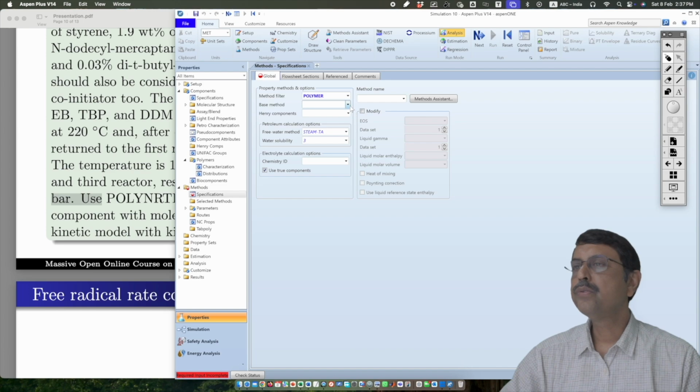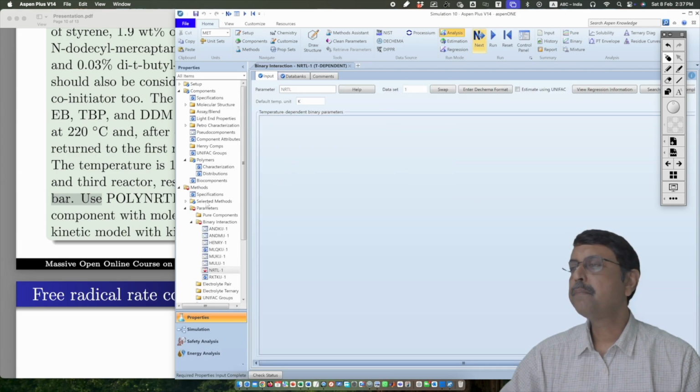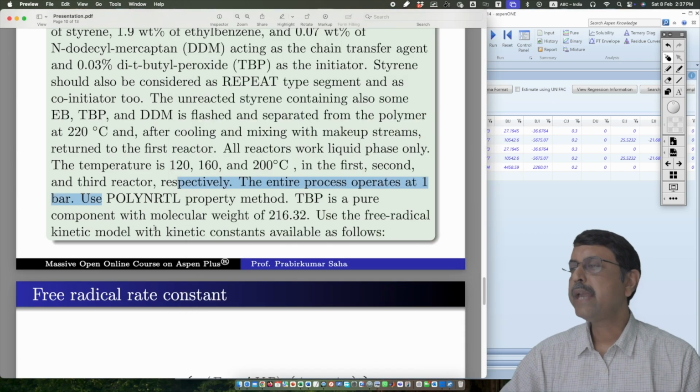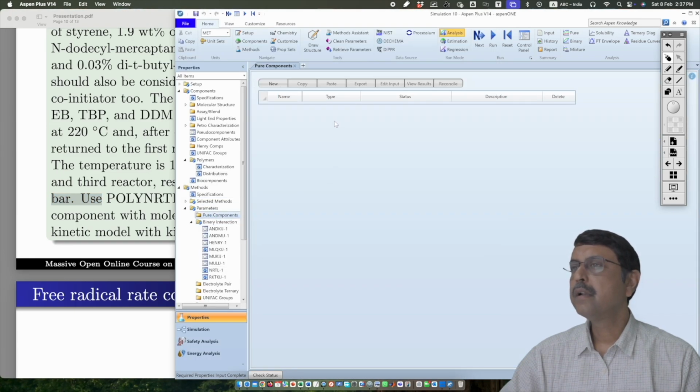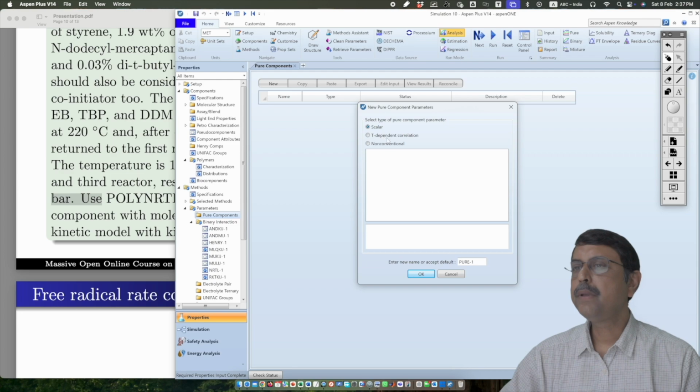So we choose poly NRTL. Okay. And then comes the parameters. Now we have a pure component. TBP is a pure component with molecular weight 216.32. So we'll assume this as a pure component.